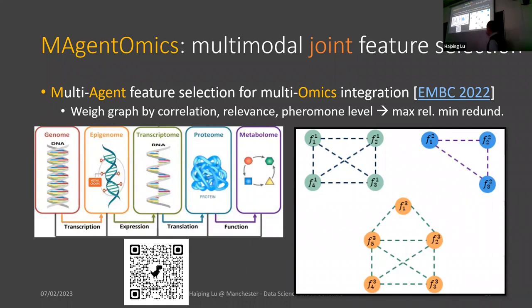And then we build the connections by constructing a weighted graph, considering their correlation and relevance from the networks, so that we can maximize relevance and also minimize redundancy between the different features. So here, we review all the omics data features together, and we want to do the feature selection by considering all of them together, with their relationships.